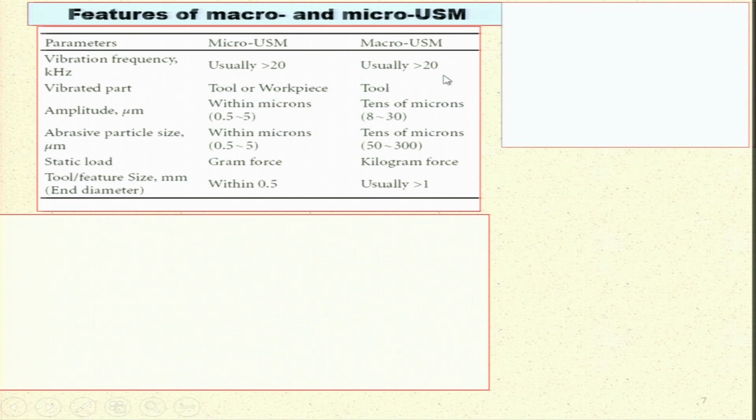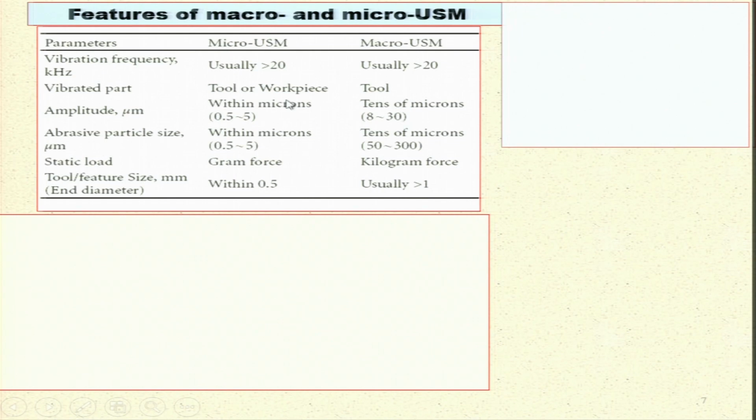Vibrated part: tool and workpiece. Amplitude of vibration in micromachining is 0.5 to 5 micrometer. In case of macro, it can be 8 to 30 micrometer.